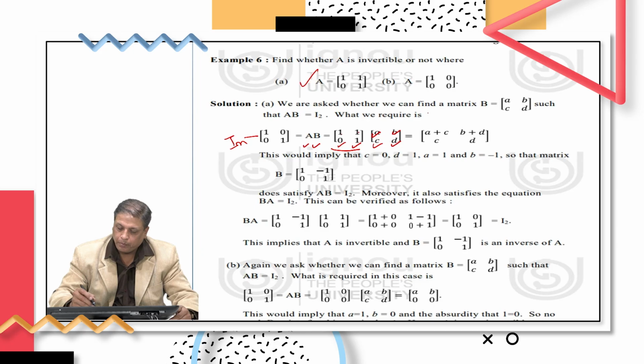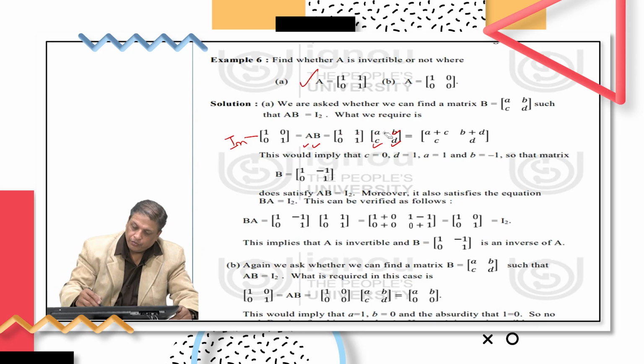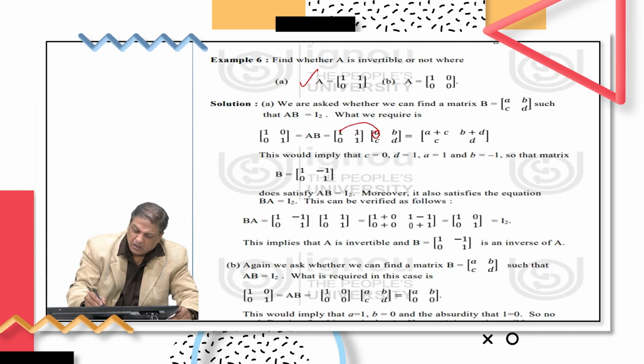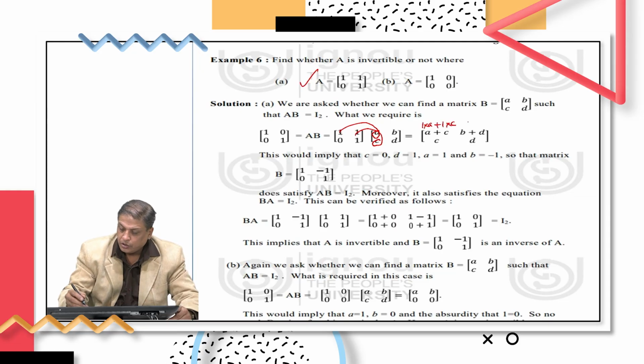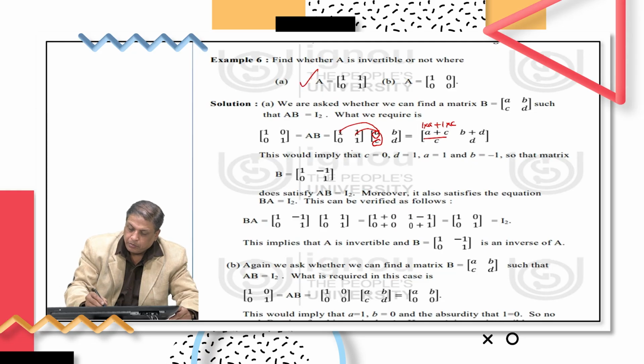Performing the multiplication operation, which we learned in our earlier session, we multiply row into column and add. That means 1 into a plus 1 into c, so you will get a plus c. Similarly, 0 into a plus 1 into c.